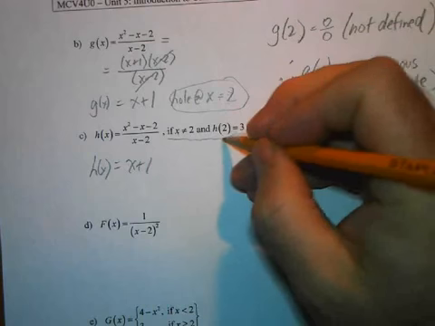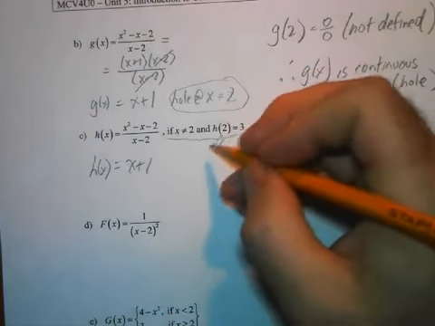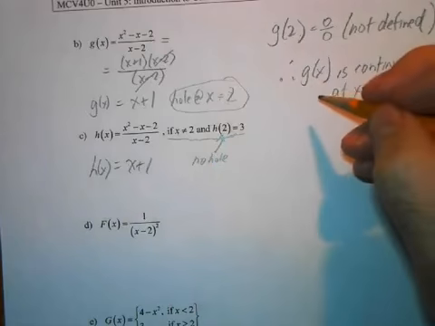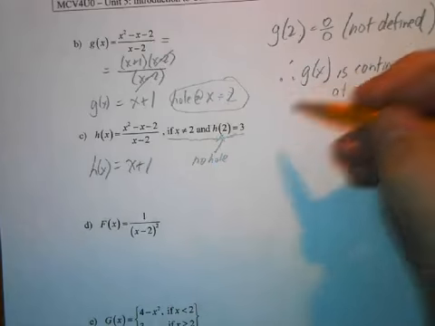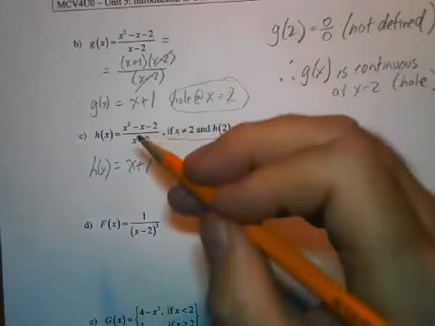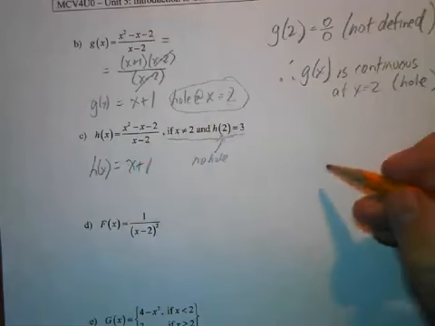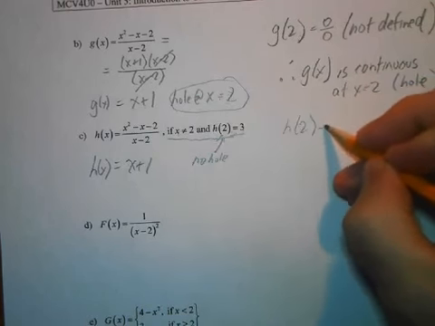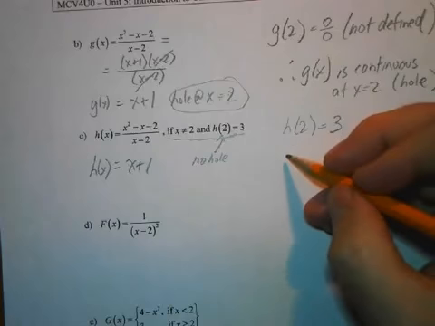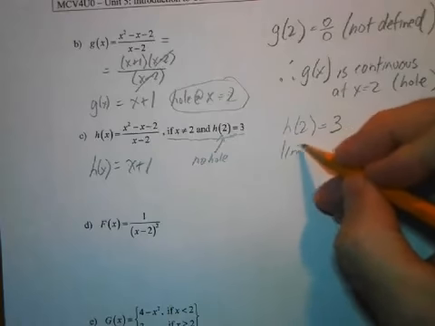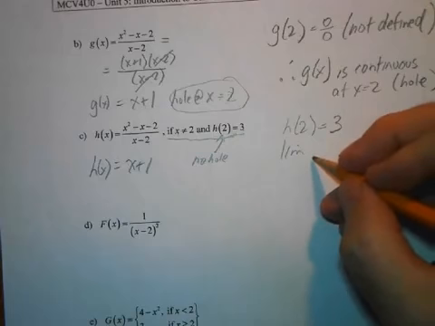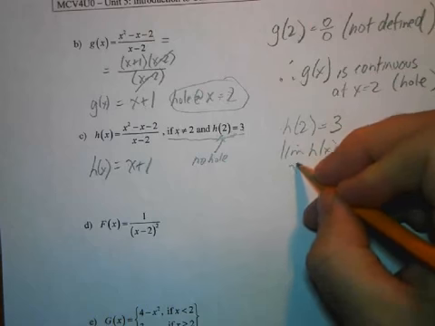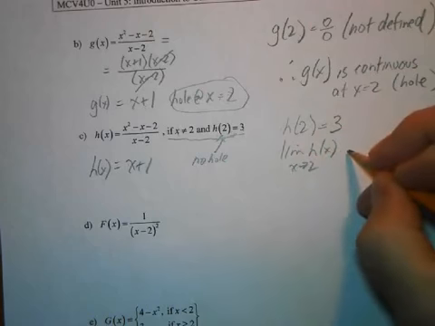So at that point, that basically says there's no longer any hole because the hole has been patched. Now we still have to make sure that that value matches the limit of the function. So we know that h of 2 is 3 because they just told us that, and we could say the limit of h of x as x approaches 2.